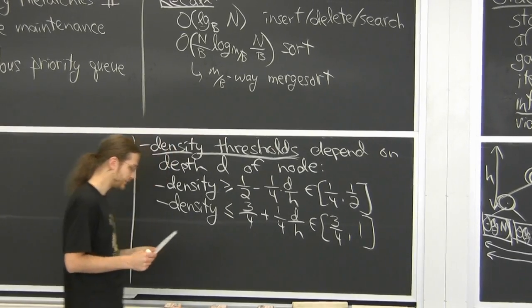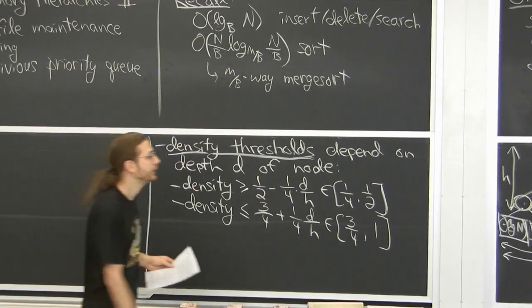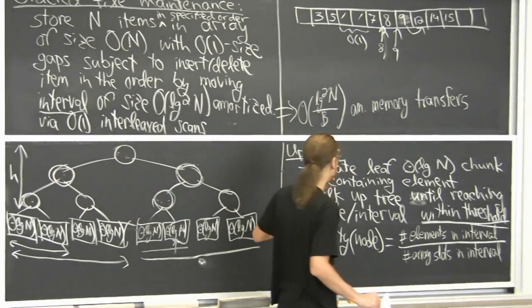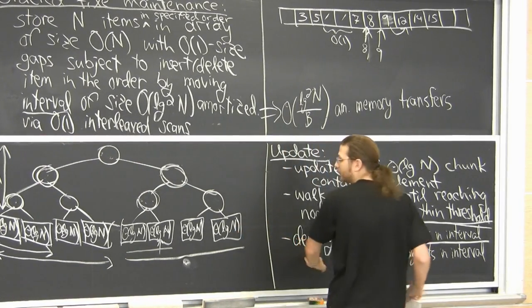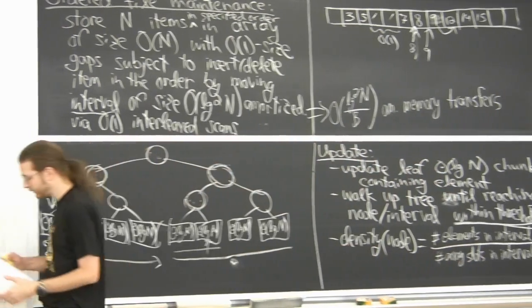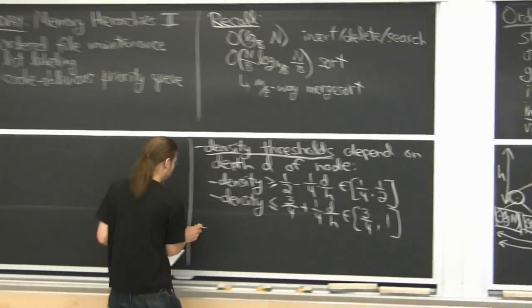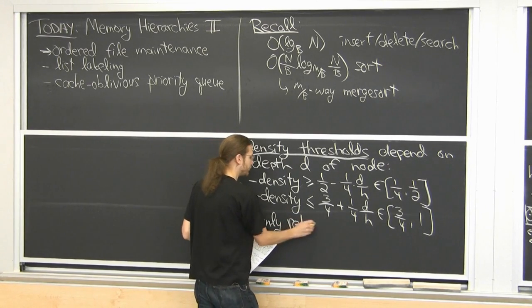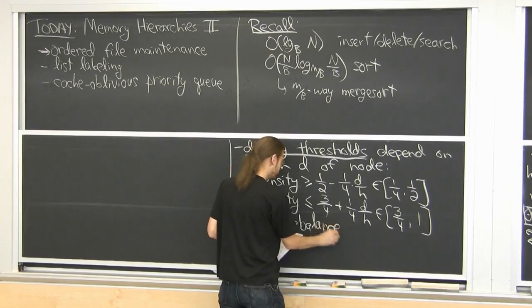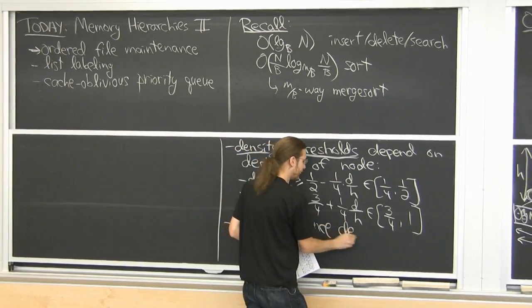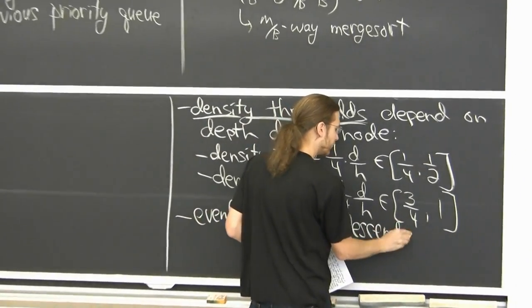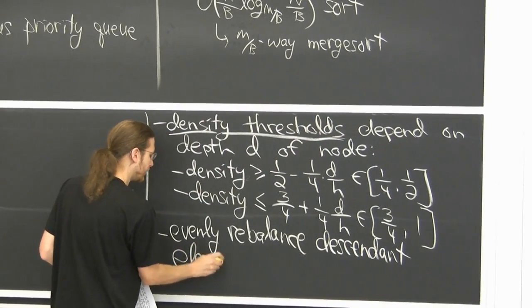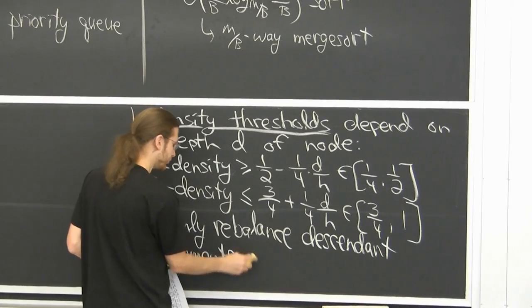So let's see why. Let me finish this algorithm. We walk up the tree until reaching a node within threshold. Density is this. Density threshold is this. And now we know what within threshold means. And then we evenly rebalance or redistribute all the descendant elements in that interval that is within threshold.